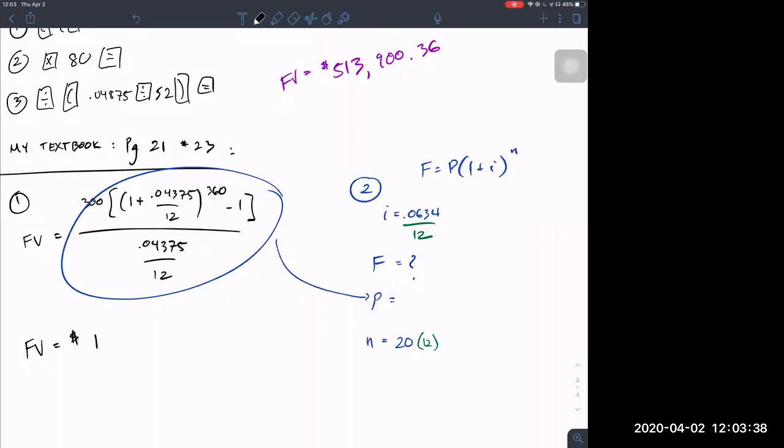1 plus 0.4375 divided by 12, raised to the 360, right? That doesn't make sense, right? Because how is it that you put $300 away every month and you only come out at 1,000?